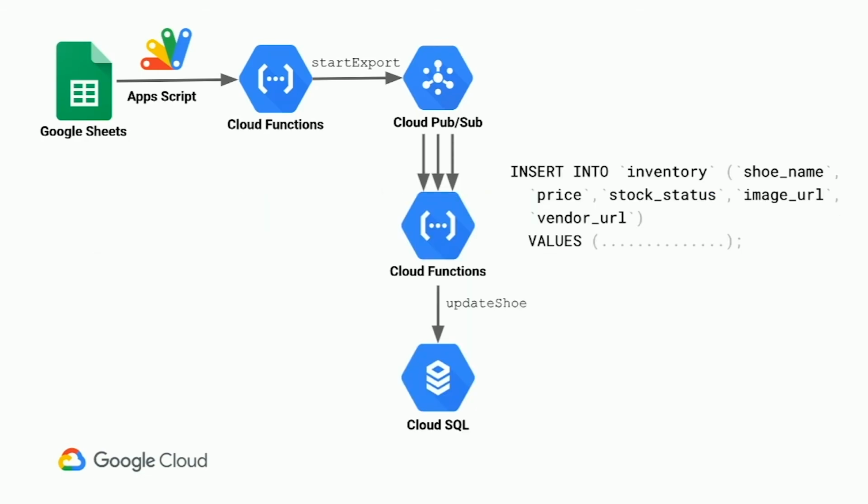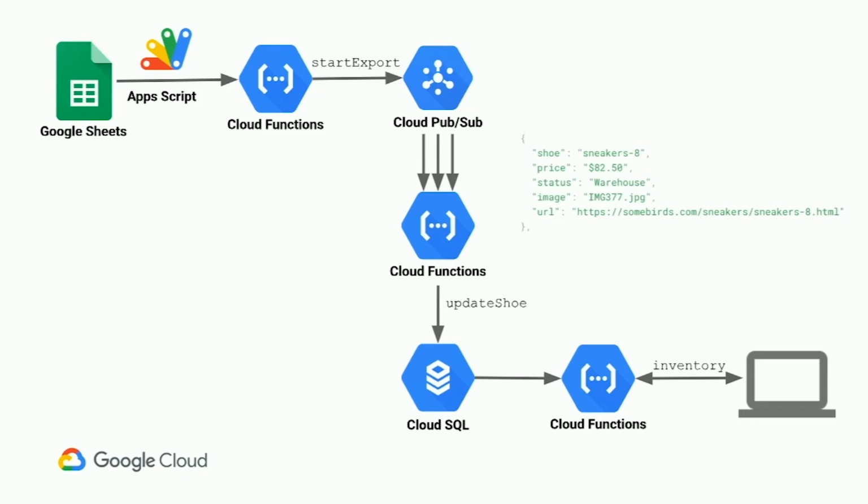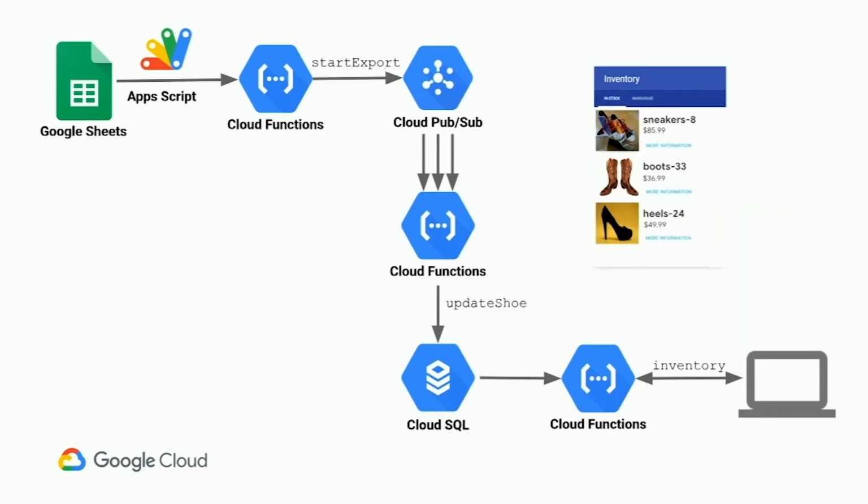The data now goes through PubSub, and then it's received by a cloud function, update shoe, and all it's responsible for is updating an individual row. Then we finish out the same with good old inventory. It still serves the data to the web app, and now it's reading from the database. So we have the same system, but with a little bit more reliability.